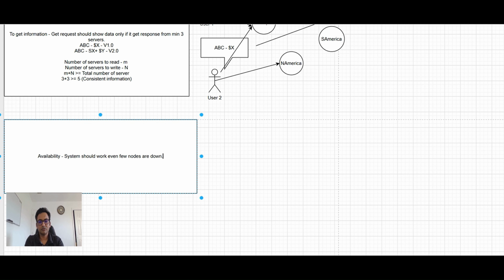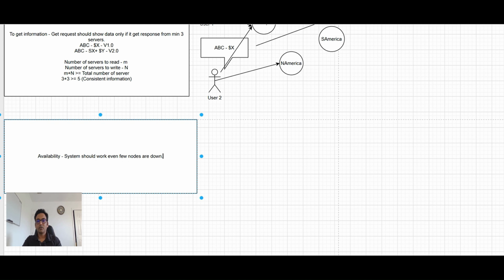In the database we do master and replicas. If the master is down, a replica takes over responsibility. There are a lot of different things we do in the backend to make our system available. If you watch my system design videos, you will see different things we implement in different designs to achieve availability. So that was about availability.